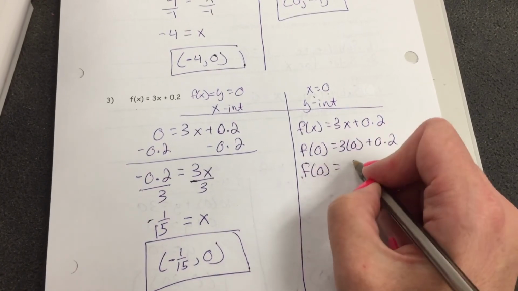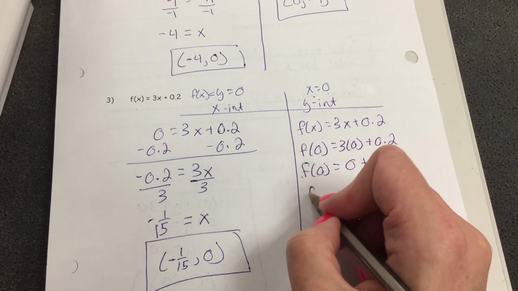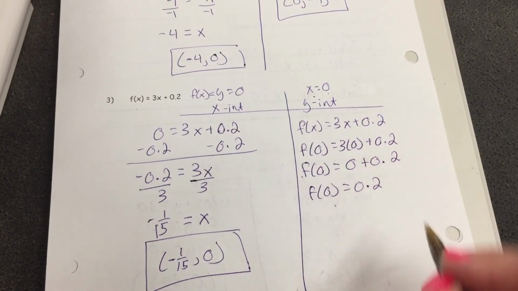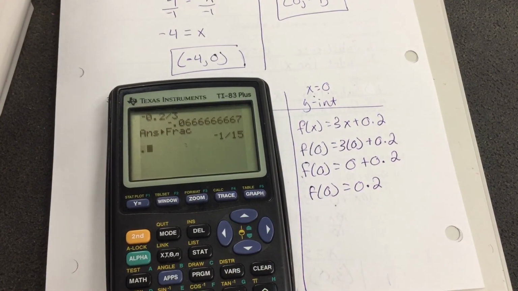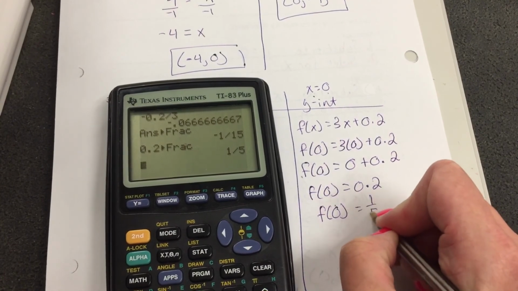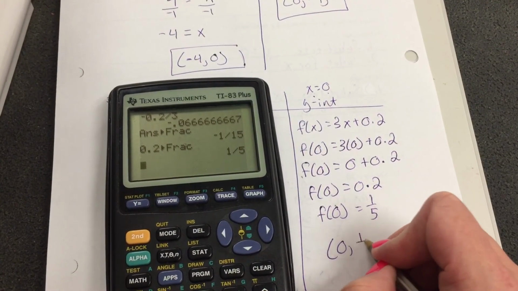F of 0 equals 0 plus 0.2. So f of 0 equals 0.2. If you put that in the calculator, you do 0.2 and hit math, enter, enter, your fraction is 1/5. So f of 0 equals 1/5. So your ordered pair is 0 and 1/5.